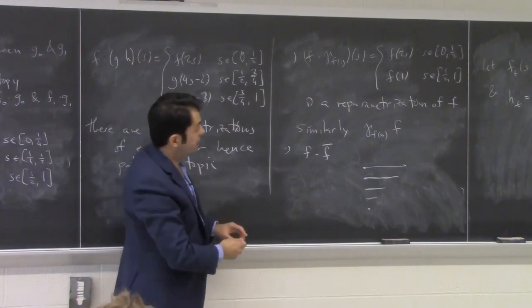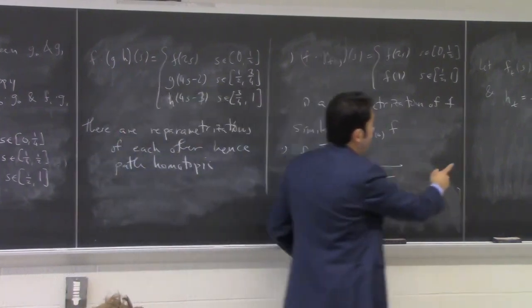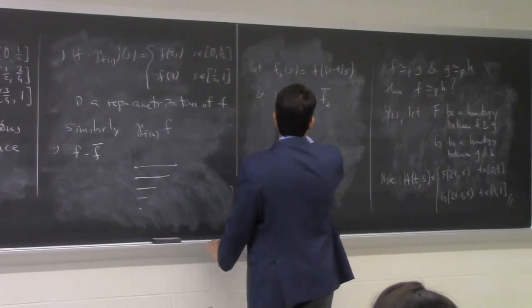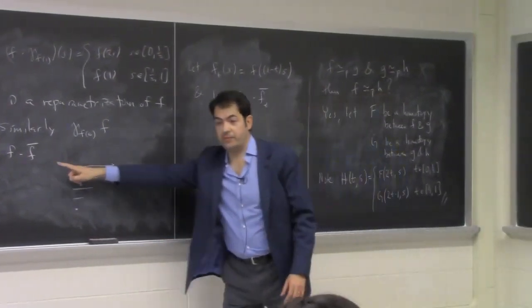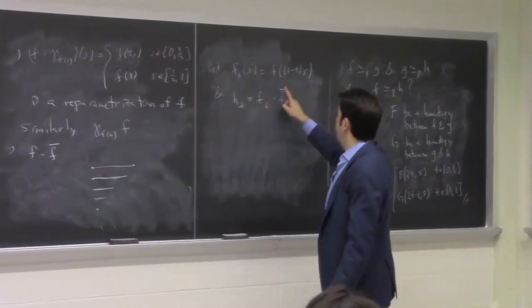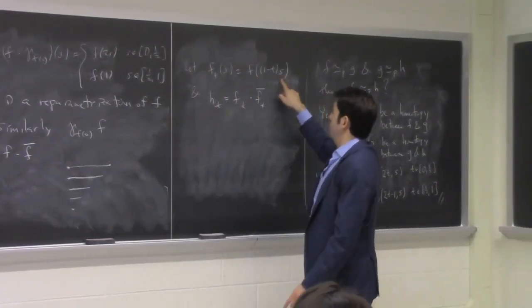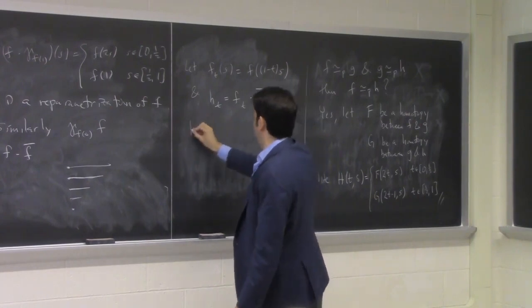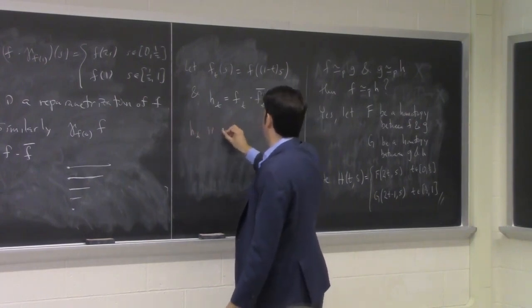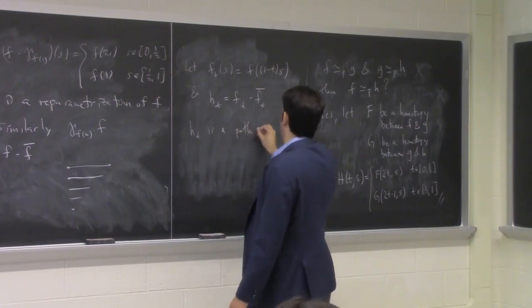And so this h sub t is a continuous family of paths that starts at f dot f bar and ends at the constant path that's just at f of 0. So h sub t is a path homotopy.